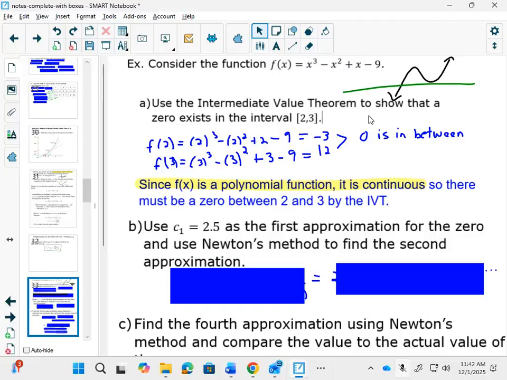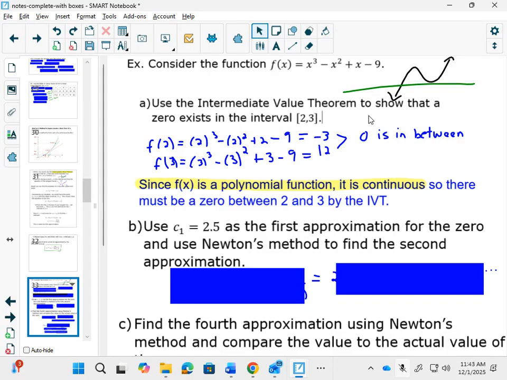Almost all of the functions that we deal with are continuous. But you still have to state that. So because of this, and because zero is in between those two values, there must be a zero or an x-intercept between 2 and 3 by the intermediate value theorem.